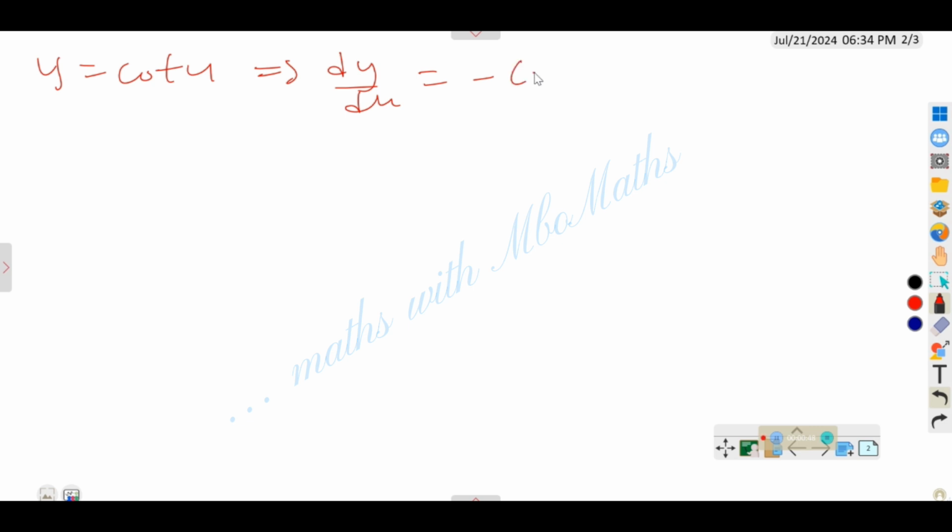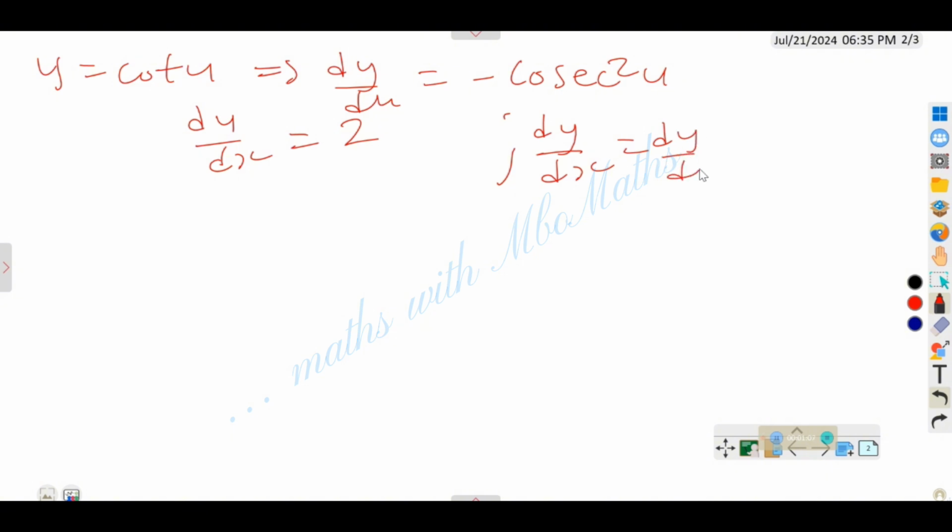Minus cosec squared u. Also, u we have put to be 2s, so du/ds will give us 2. So remember that chain rule says that dy/ds will give you dy/du times du/ds.